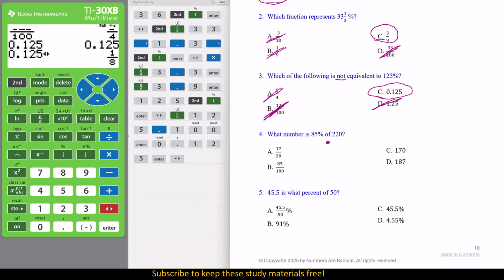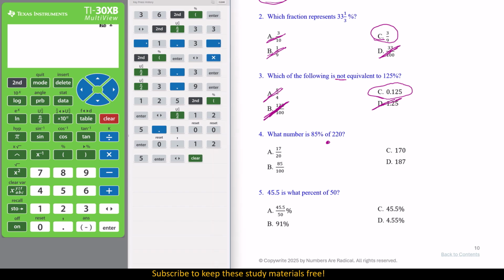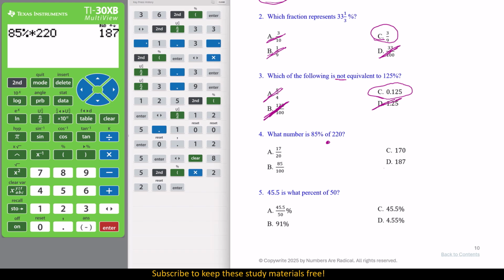That's just something we should know by this time, right? Let's type it in as is. I'm going to clear all these other things out. Let's say 85, second, open parenthesis, times 220, push enter. And there's our value right there. That's what we want, option D.